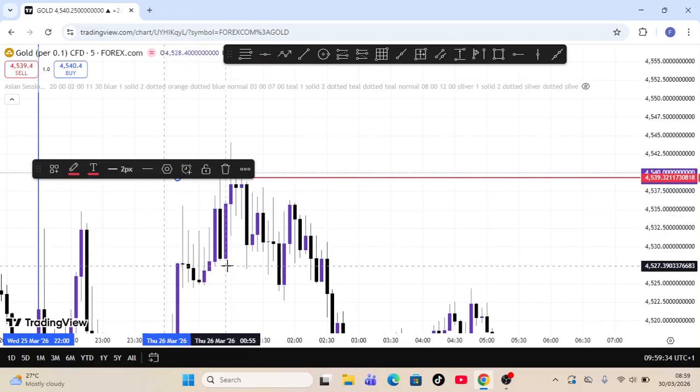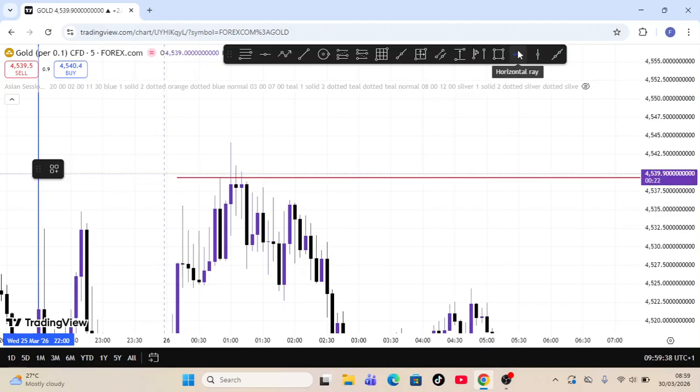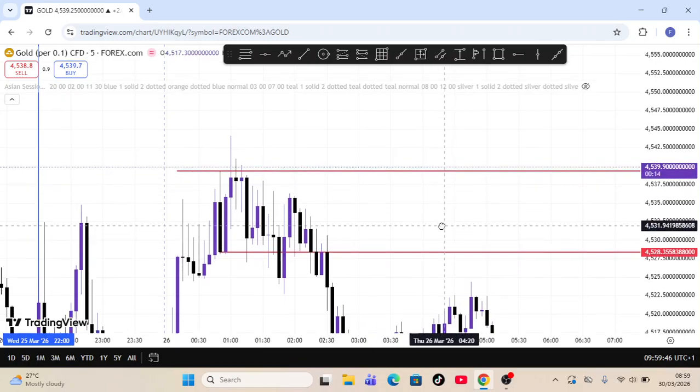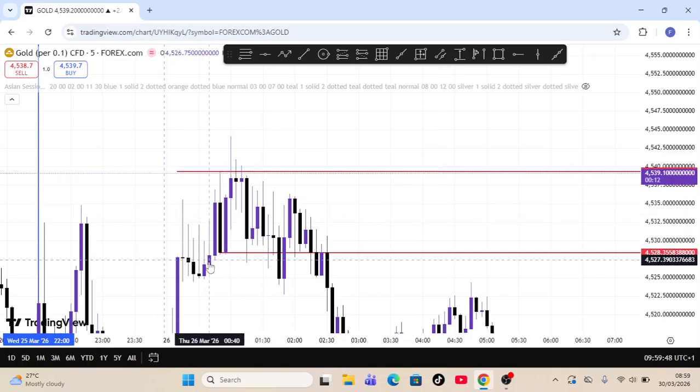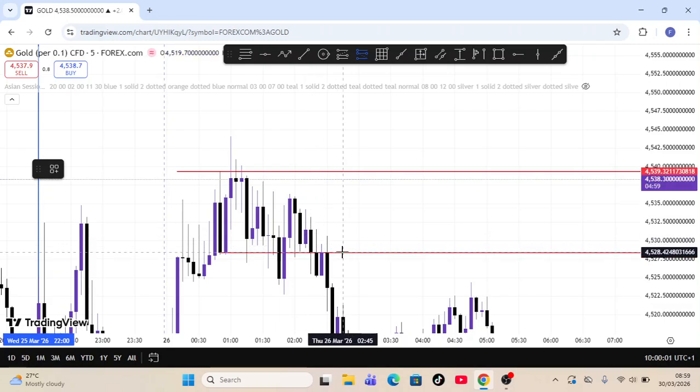Looking at this, which one caused the sweep? You can see it is this place that caused the sweep. After you mark the high or low that caused the sweep, you set your limit order.